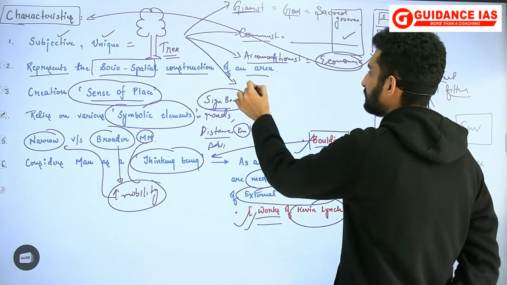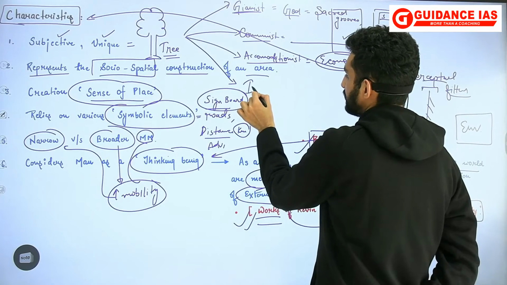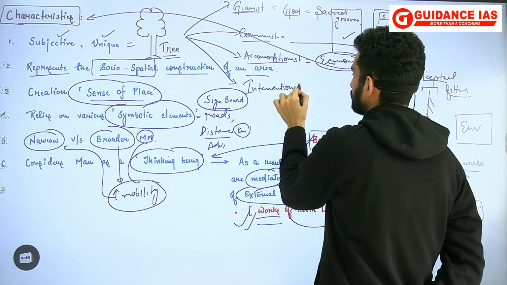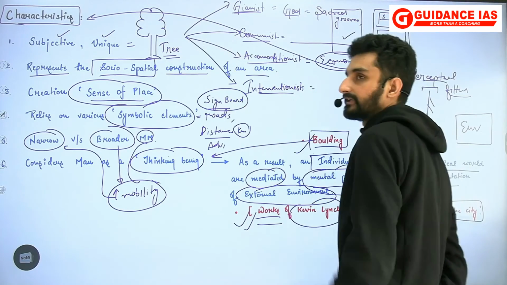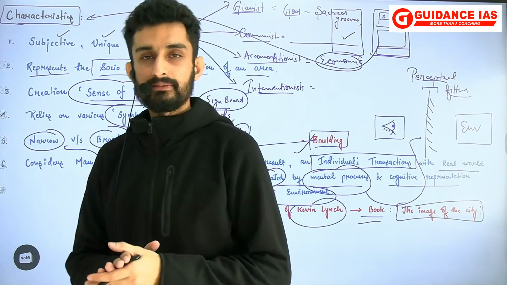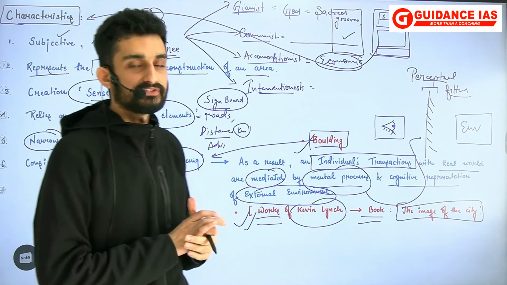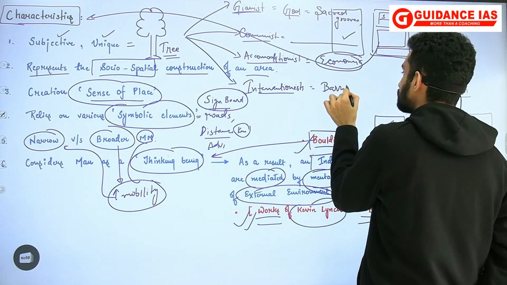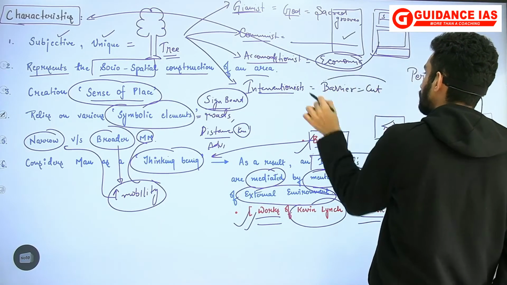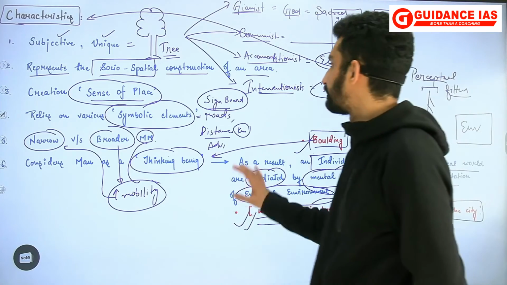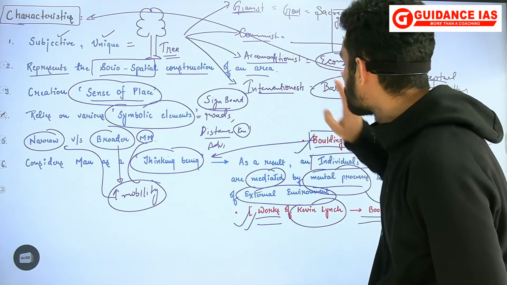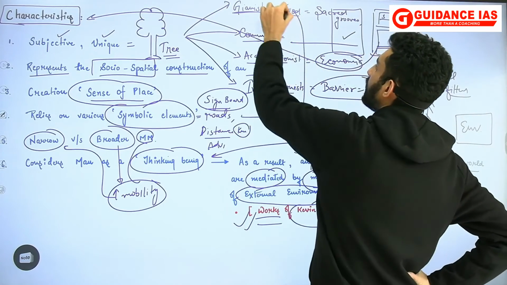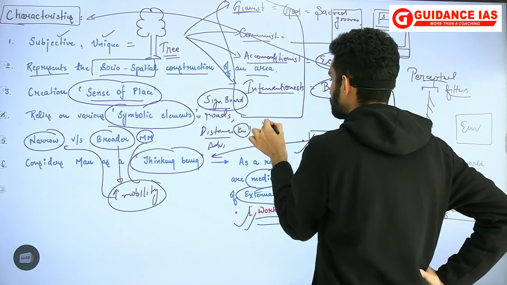At the same time, there will be some interventionists, and they will see this tree as a barrier for, let's say, a bullet train project or a manufacturing hub, and they will ask to cut this tree. I hope it is clear. So they will be favoring cutting this tree. So every person acts based on his value system. So these are all the different value systems.